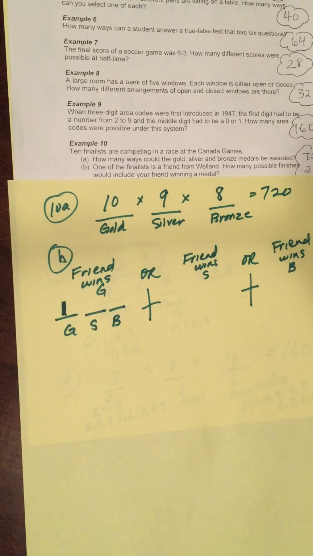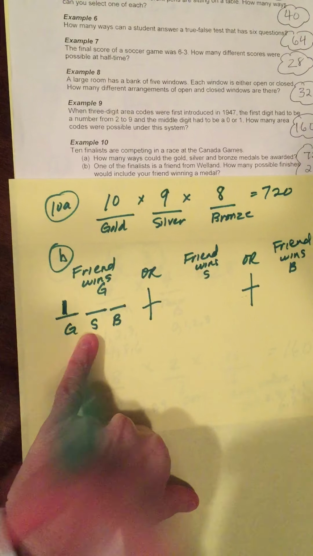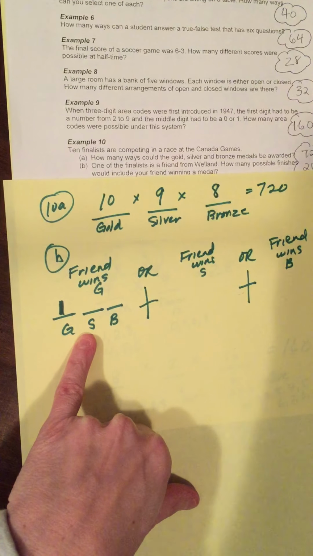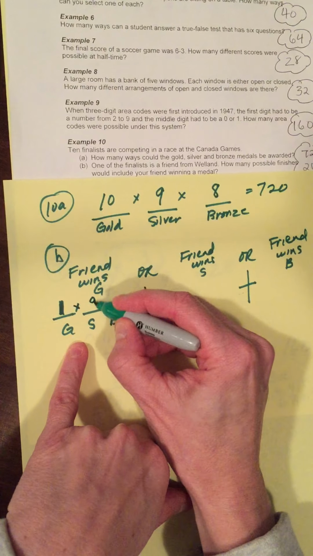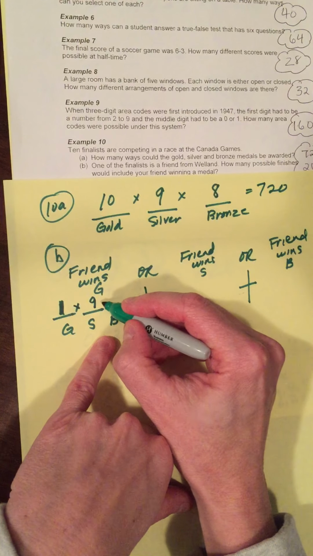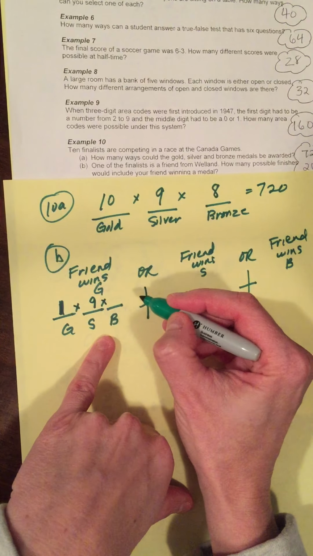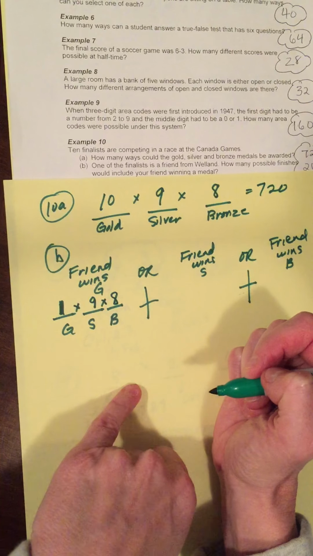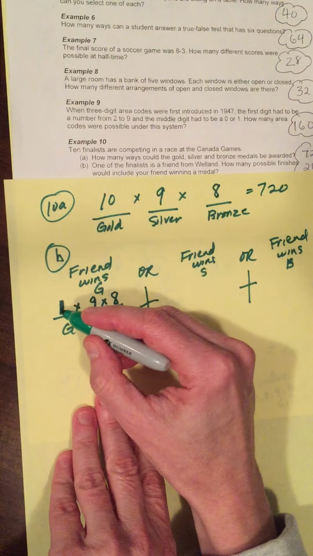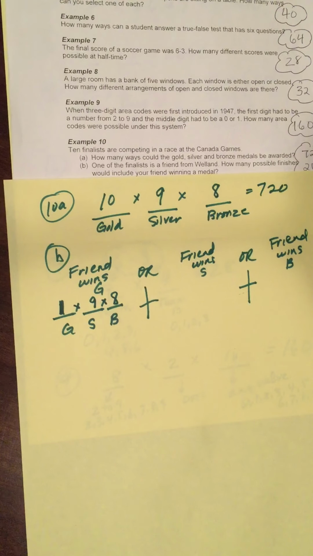That's your friend, the one person you know who's winning the gold. So that means, how many other runners are still out there that could possibly get the silver? And how many other runners are out there that could possibly get the bronze? There you go. There's my friend winning gold.